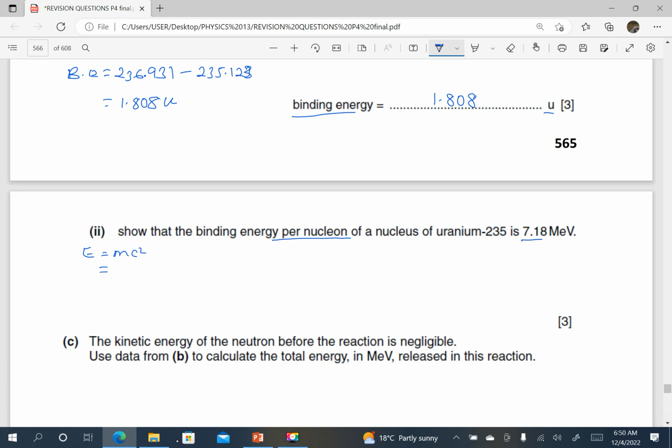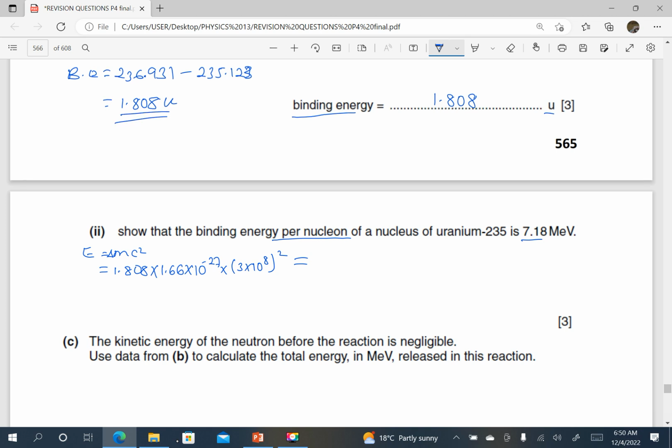So the mass defect, let me call this delta M, 1.808, we change that into kilograms: 1.808 times 1.66 times 10 power negative 27 times the speed of light, 3 times 10 power 8, and this is squared. So this is now going to be the energy equivalent of the value we got above in joules.